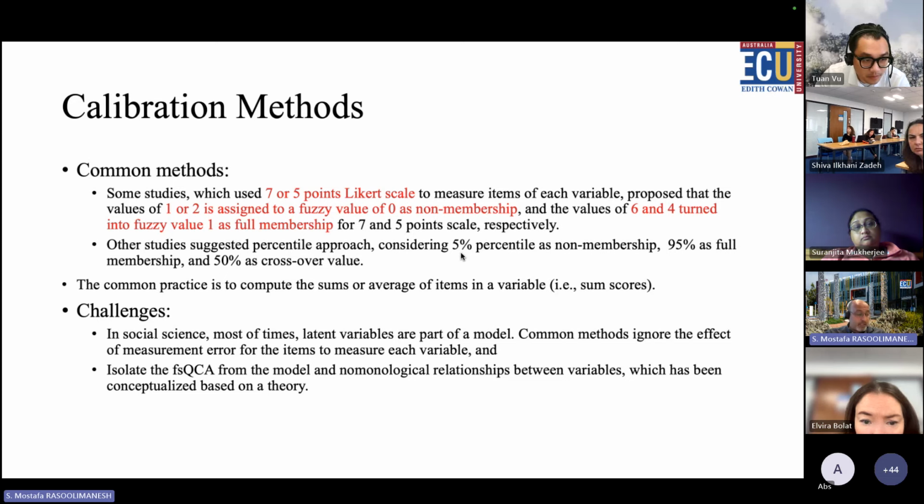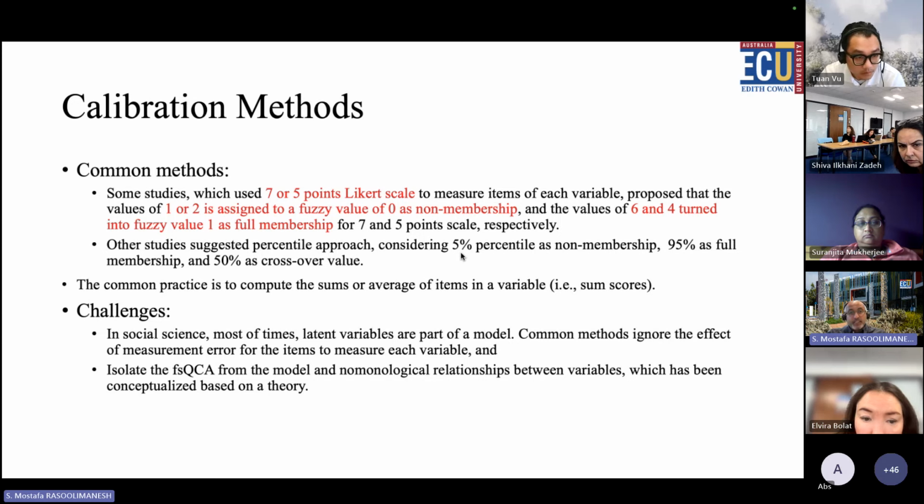This can be a topic for future research, to compare different methods and see how accurate they are. But the challenges we can consider for this type of calibration are these. In social science, most of the time we have latent variables or constructs that we measure by some items.